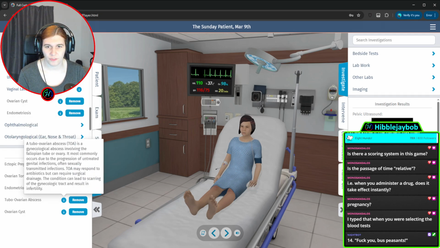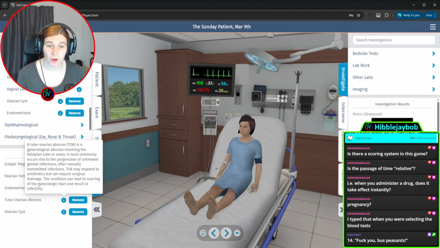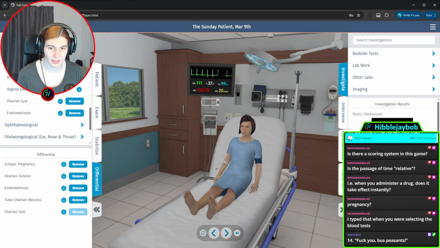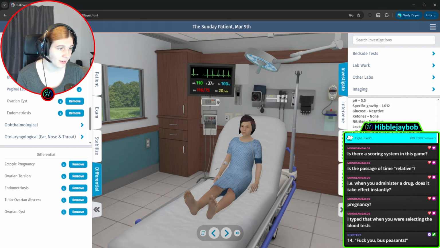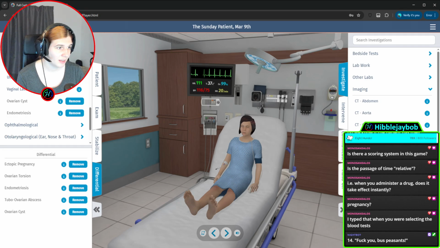And a tubo-ovarian abscess, okay, most commonly occurs due to the progression of untreated genital infections, often sexually transmitted infections. So I think the TOA is probably our most likely culprit here, because we know that we definitely have this.